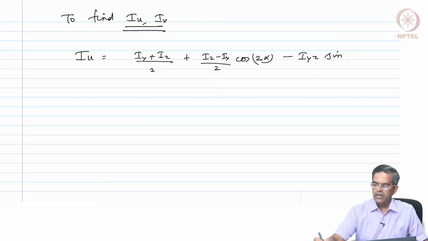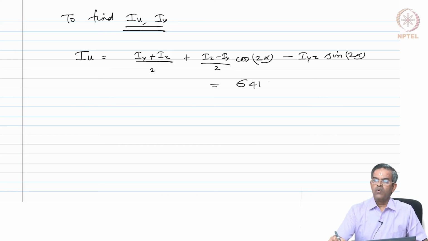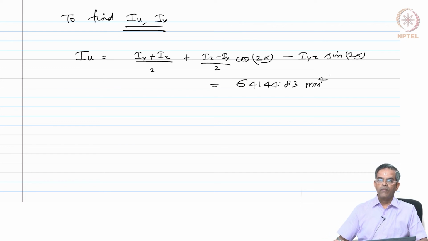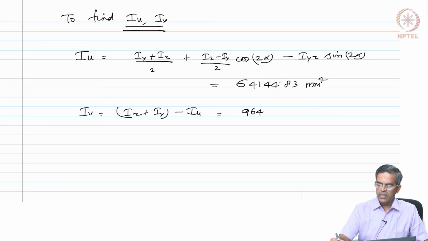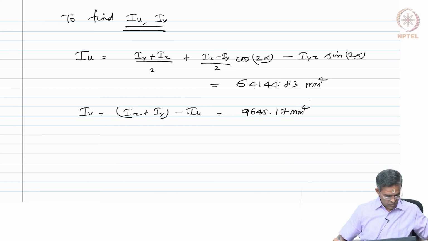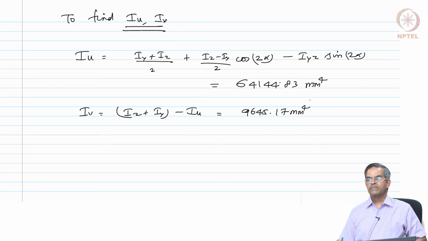This equation we already derived, we know. So, substitute them, we will be getting 64144.83 mm4. Iv can be also said as Iz plus Iy minus Iu. So, I can say 9645.17 mm4. You can check these values, friends.